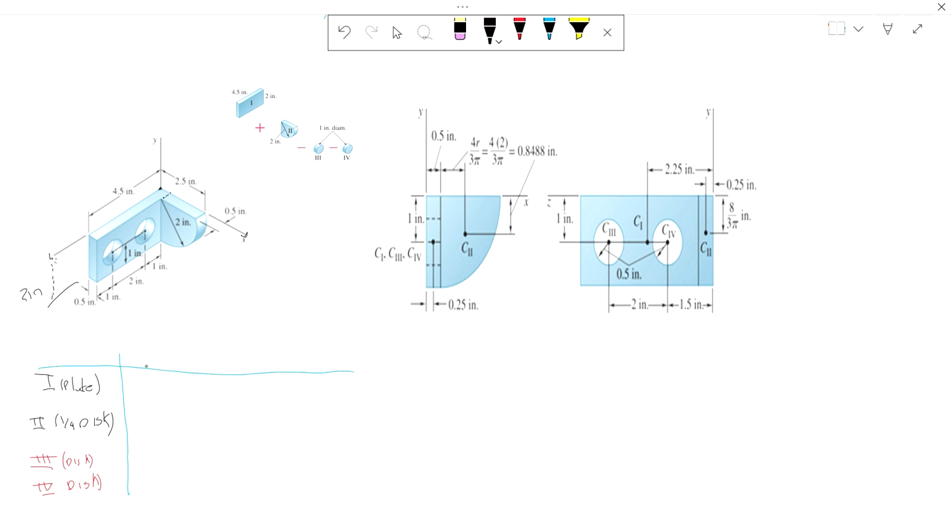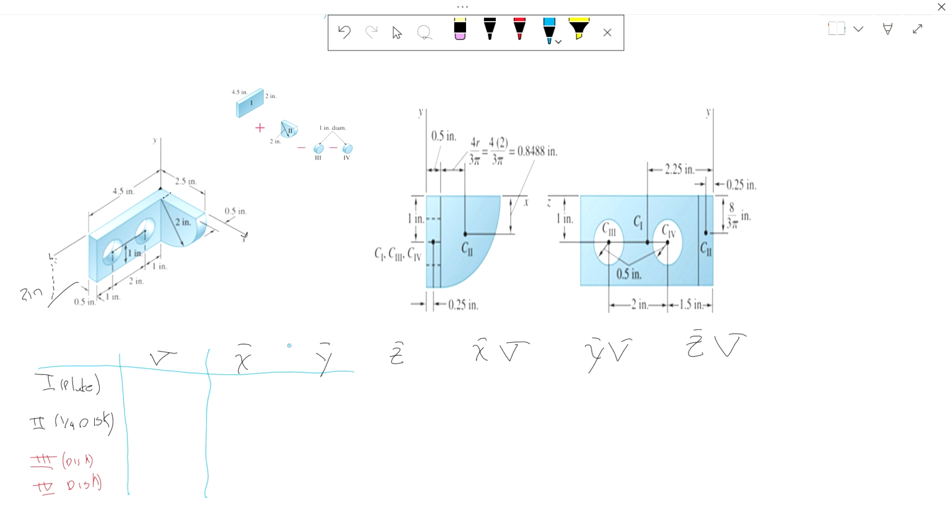All right, so we know that we have to find the volume. We have to find the centroid in x, the centroid in y, the centroid in z. Then we have to multiply x times the volume, y times the volume, and z times the volume.